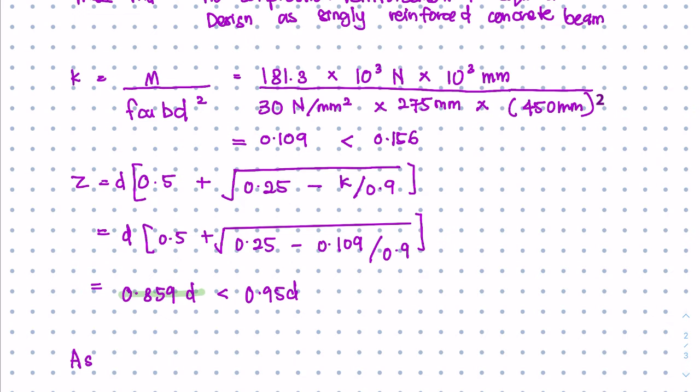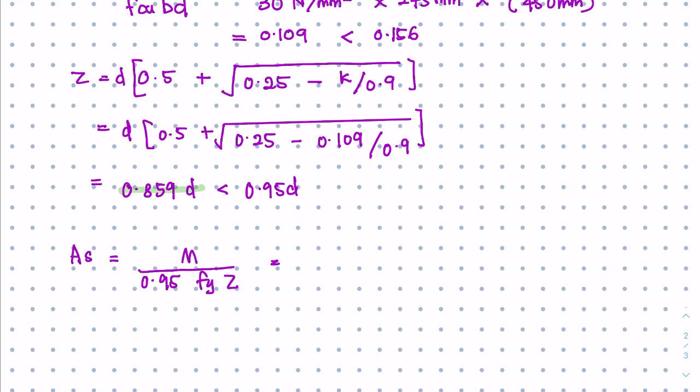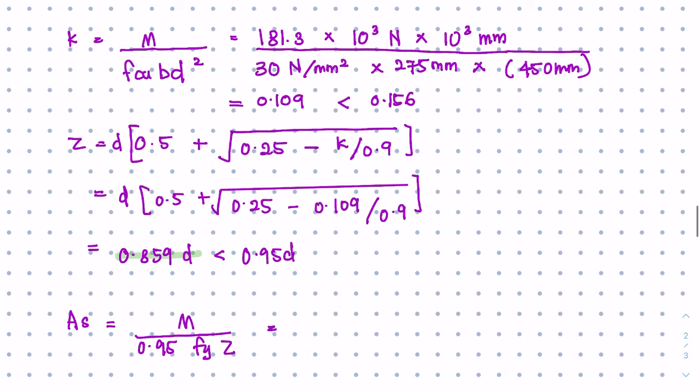Proceed with AS, which is the steel area. M is 181.3 times 10 to the power of 6, because 10 to the power of 3 times 10 to the power of 3 is what we calculated for K, since we converted kilonewton to Newton and meter to millimeter, so it is the same.